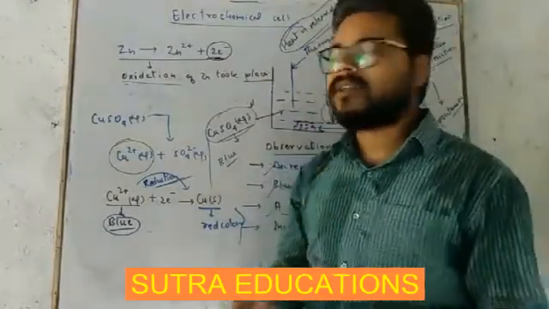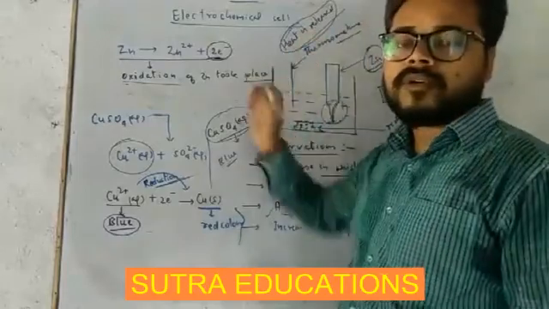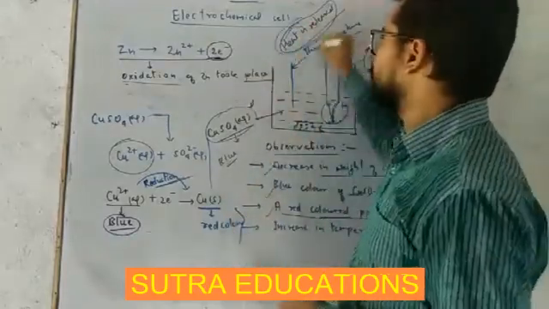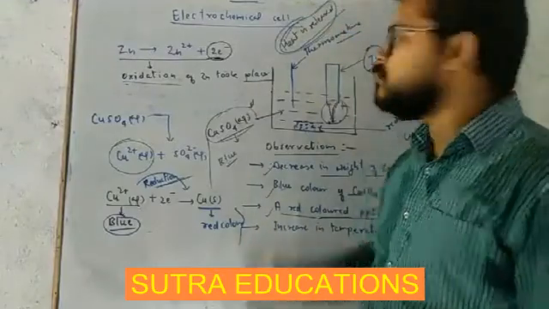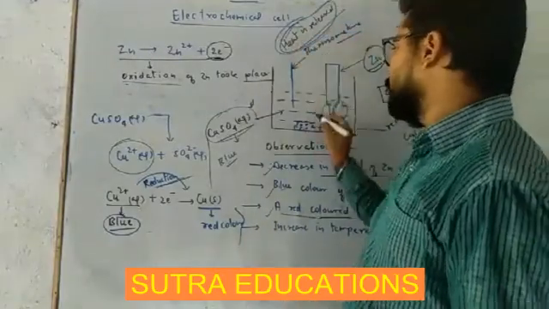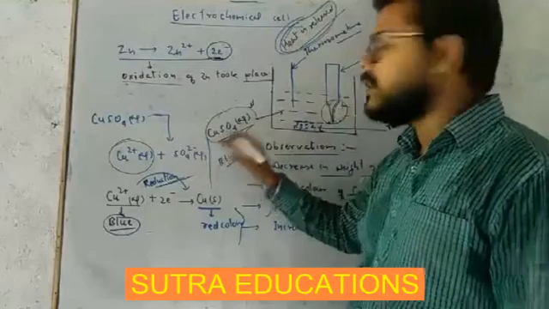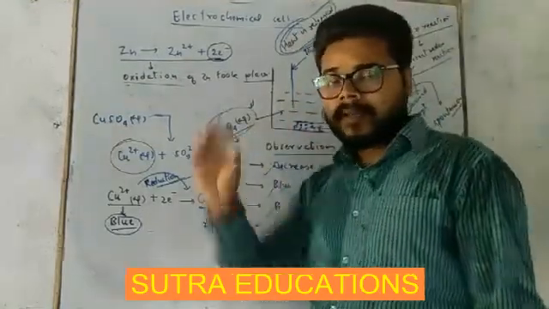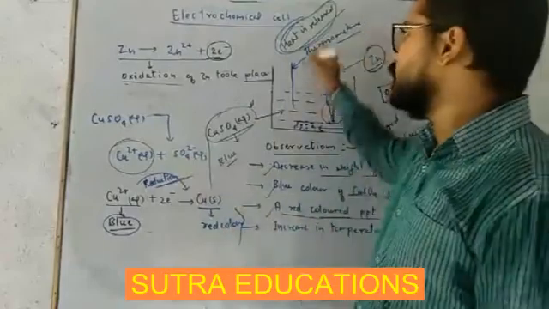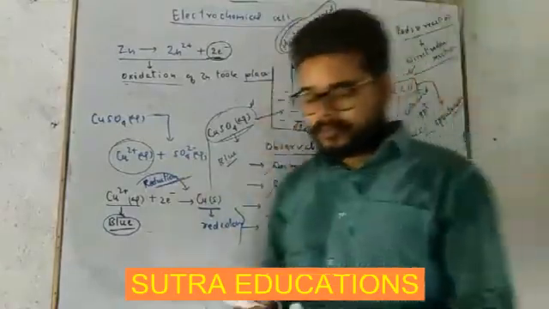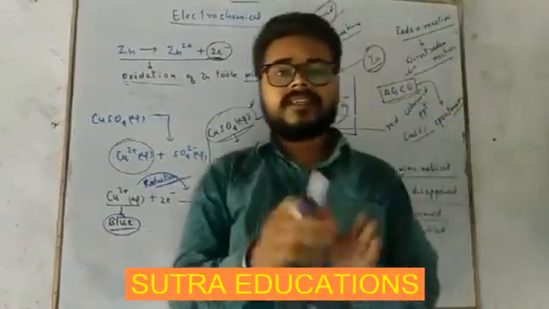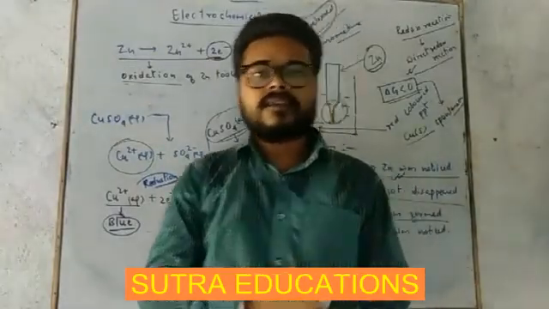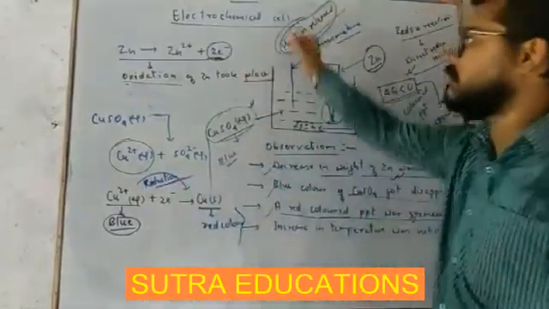We are not able to use this heat. So the scientists decided to use it. During the chemical reaction, the energy is converted into heat energy, and the scientists thought to change this heat energy into electrical energy. From this, the concept of the electrochemical cell was developed.